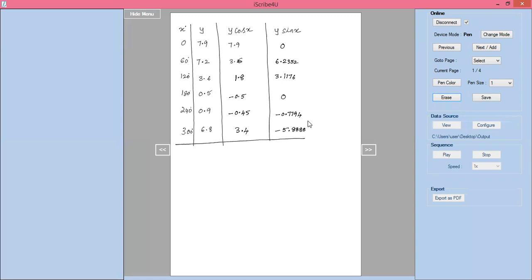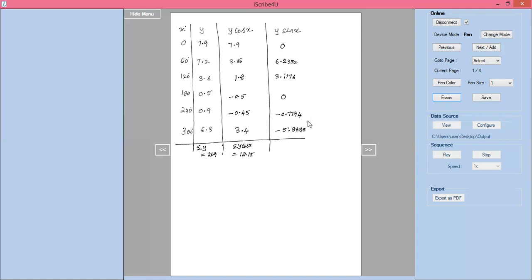Now we have to find the sums. Summation of y equals 26.9. Summation of y cos x equals 12.15.